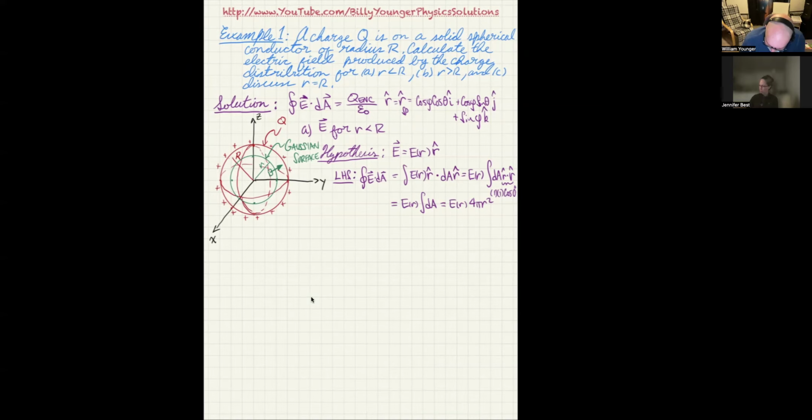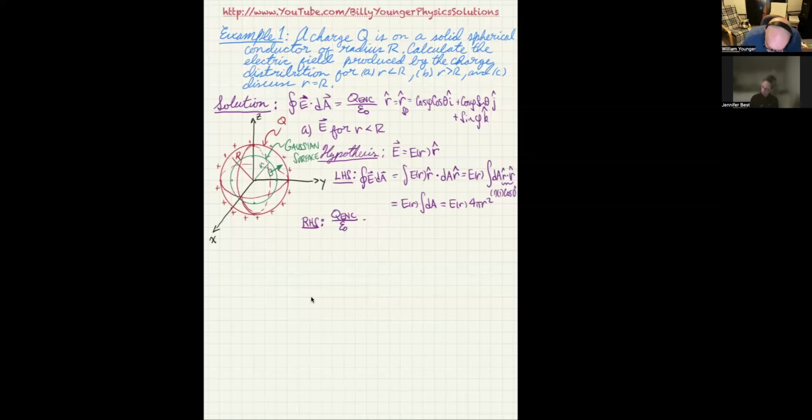So now I've got the left-hand side worked out. The right-hand side, a lot of times, or most of the time, is quote unquote the potentially hard spot. But a lot of times it's really easy. So the right-hand side is Q enclosed. So I've got to take that Gaussian surface again, the green one, and think of all the charges that are enclosed inside of it.